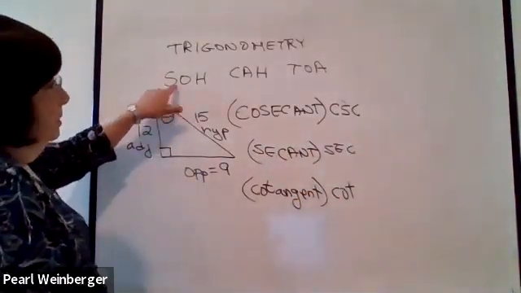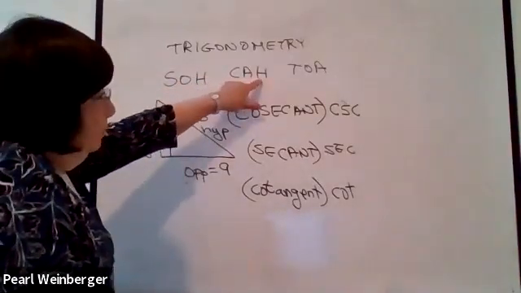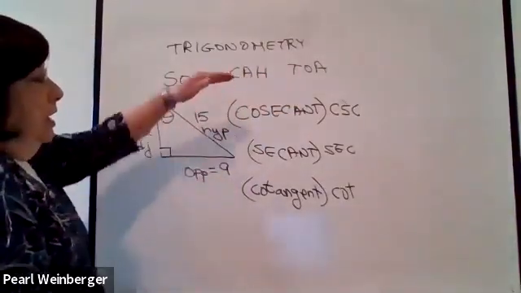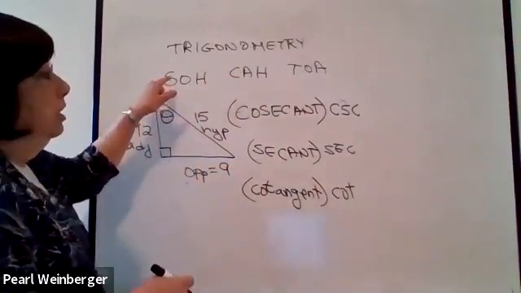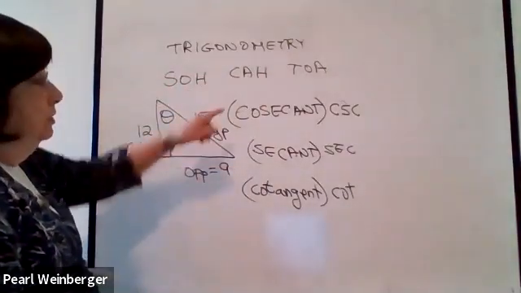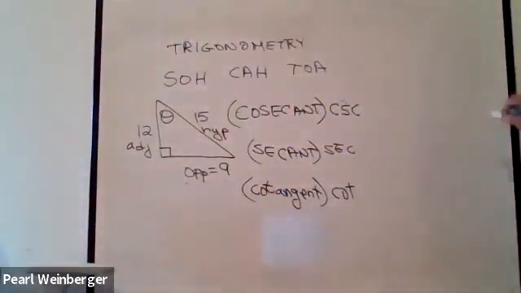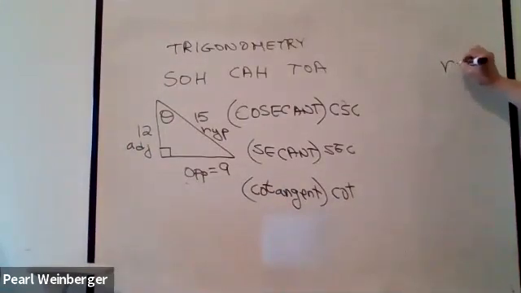Remember, the sine is opposite over hypotenuse. The cosine is adjacent over hypotenuse. The tangent is opposite over adjacent. Each one of these is a reciprocal of one of the primary ones. The cosecant is the reciprocal of the sine.